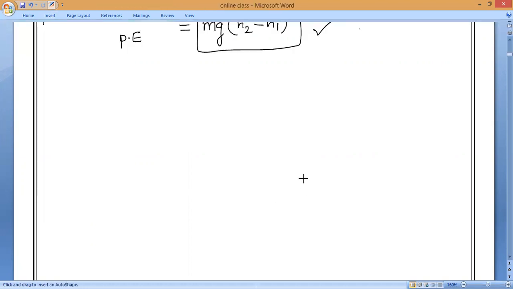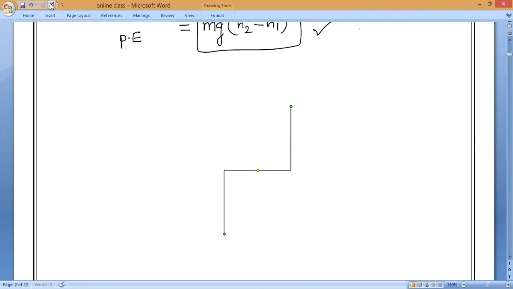Potential energy depends only on initial position and final position, not the path followed by the body.